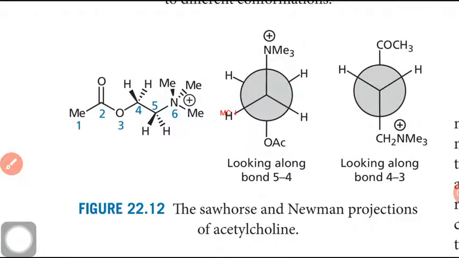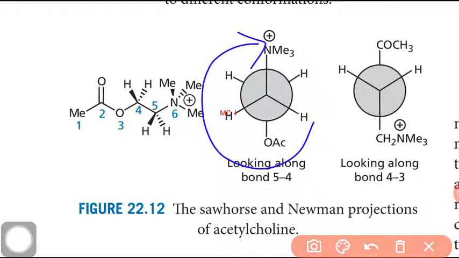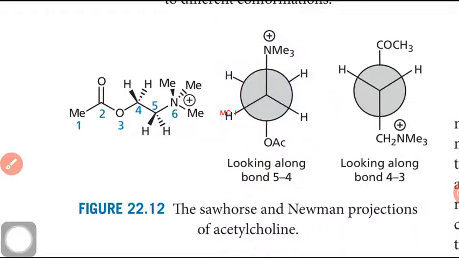Okay, the same here, NMe3 is below and OAC below, and that brings about gauche interaction. The same thing, when the front carbon from here is rotated, you will get NMe3 plus at the top and OAC at the bottom, and this is called anticlinal.